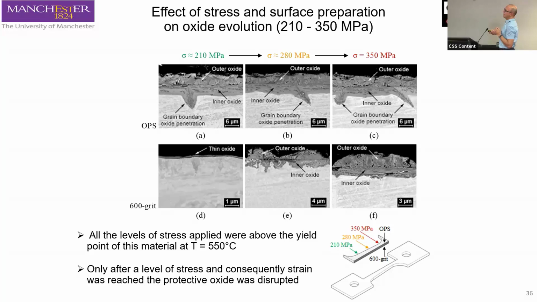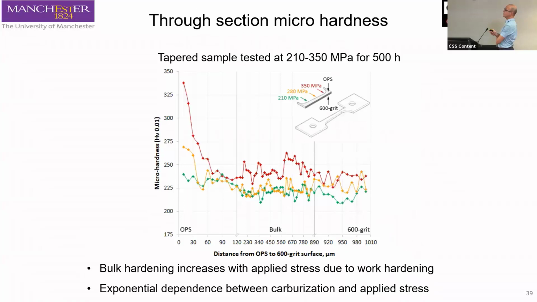Again, we noticed that higher stress corresponded to a thicker oxide. Again, we couldn't really understand why there was an effect of stress on the carburization.